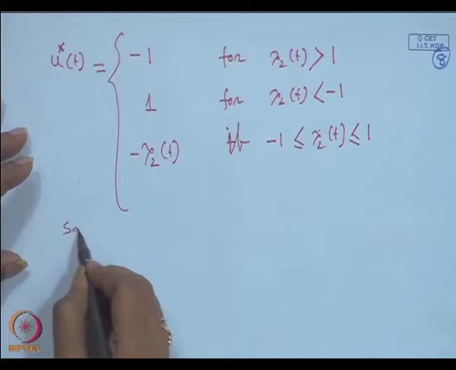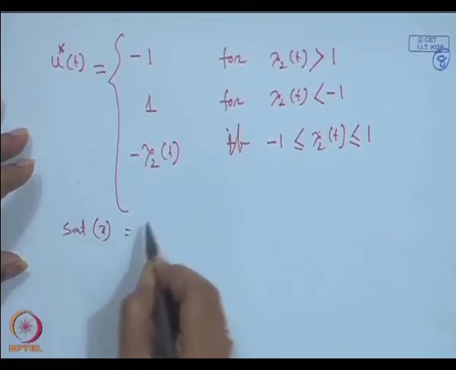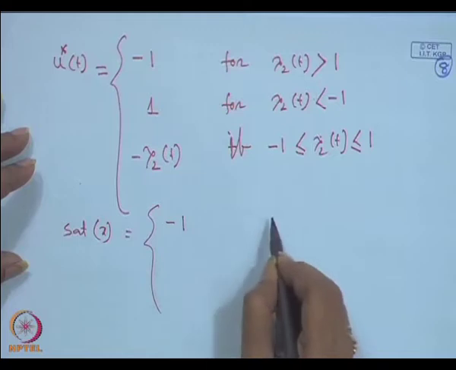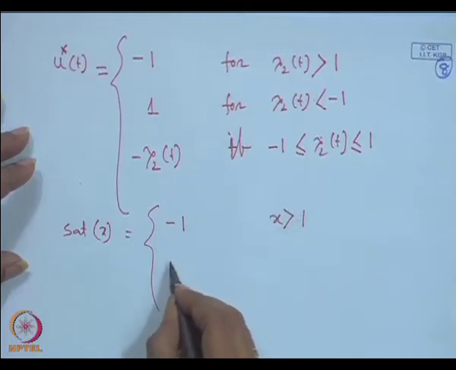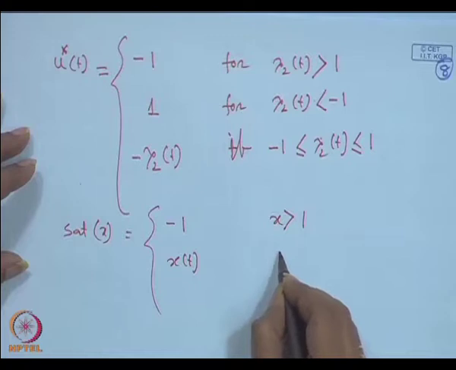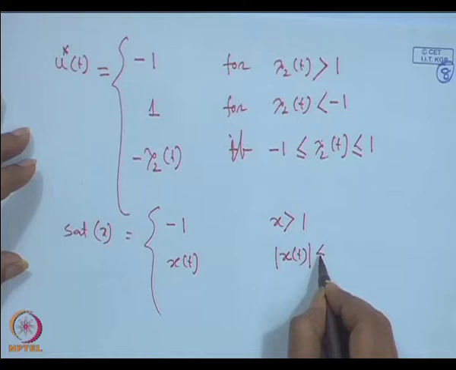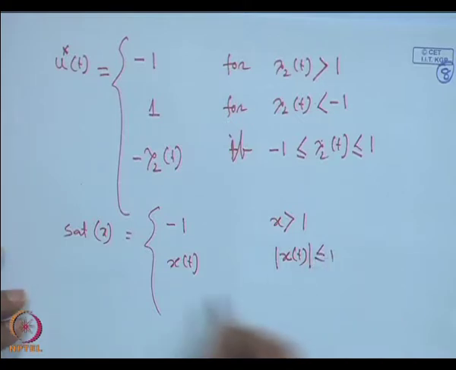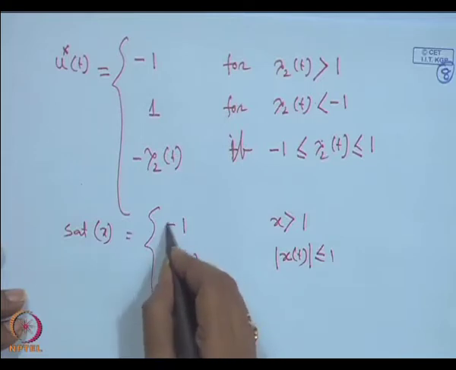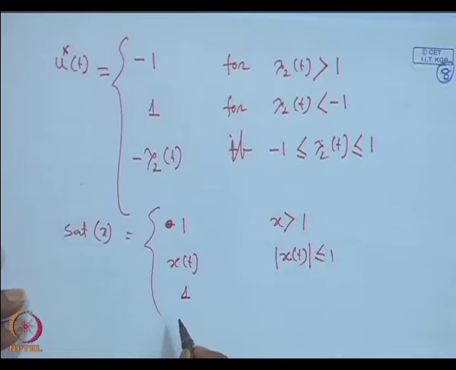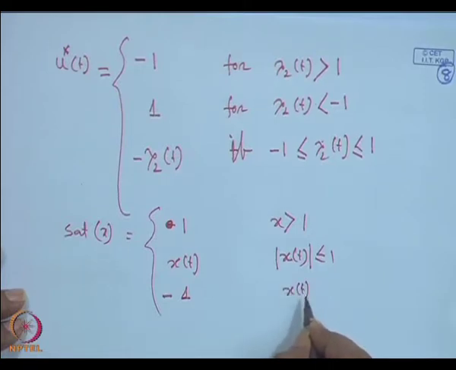So, this is called the set function, and it is defined this way. It is minus 1 when x is greater than 1, x of t when the mod of x of t is less than or equal to 1, and plus 1 when it is greater than this, and minus 1 when x of t is less than minus 1.